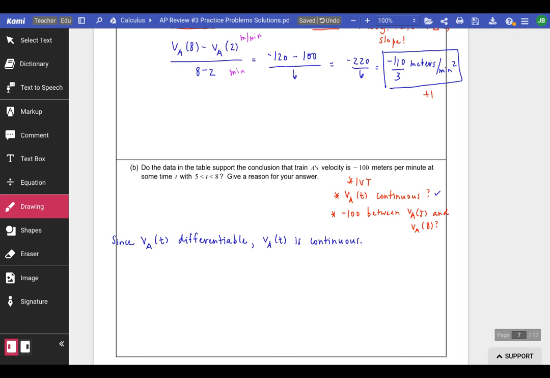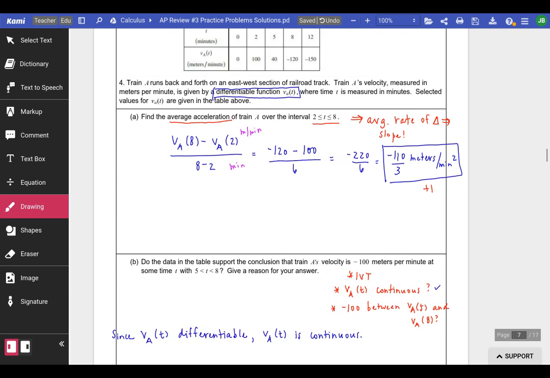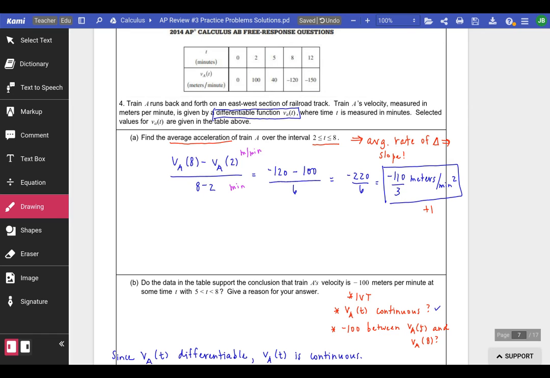Now we have to check, is negative 100 in between these function values? If I look, at 5, my function value is 40. At 8, it's negative 120. And I can see that negative 100 will fit in between there.